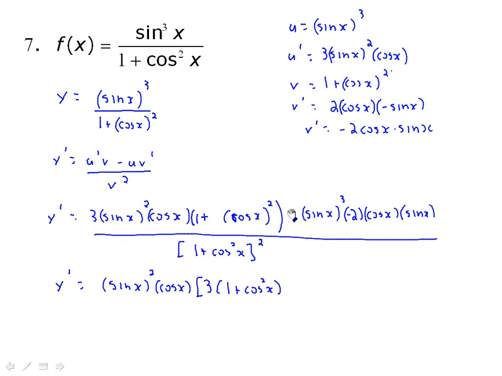And then the minus times a minus is going to give you a plus 2. Now the cos x has been divided out, and we had 4 sine x's, so now we have 2 left. So 2 plus 2 sine squared x. And then over that denominator, which is 1 plus cosine squared x all to the 2.